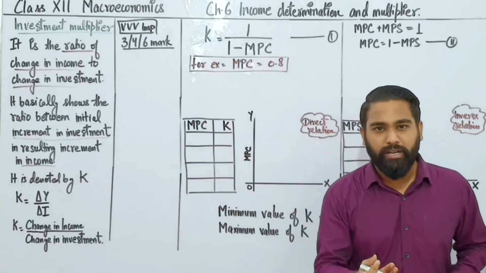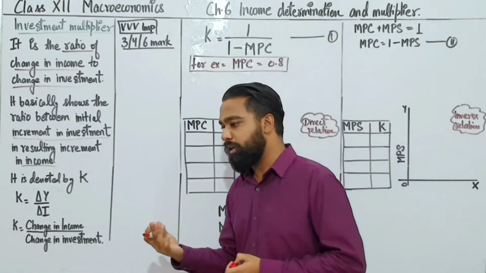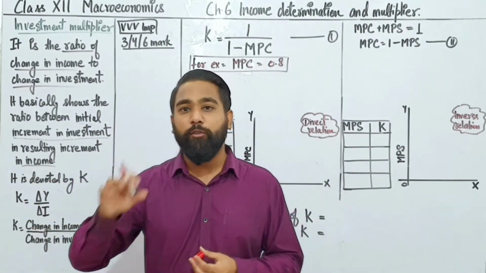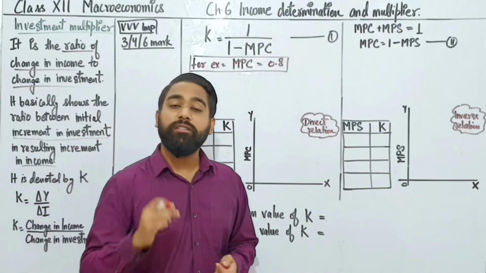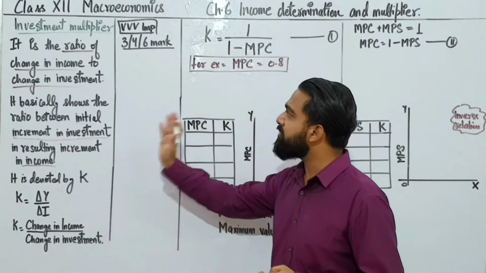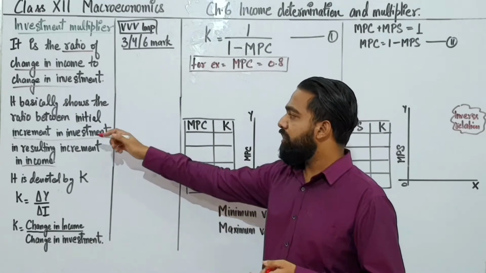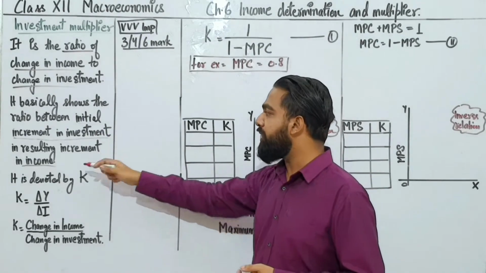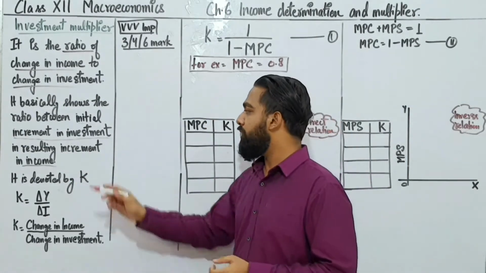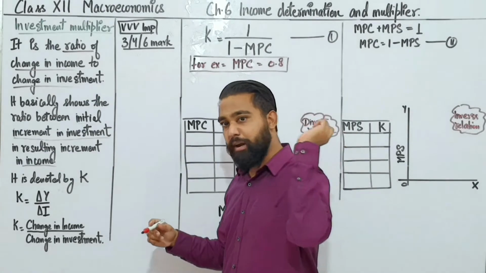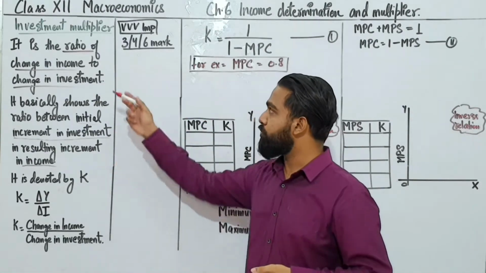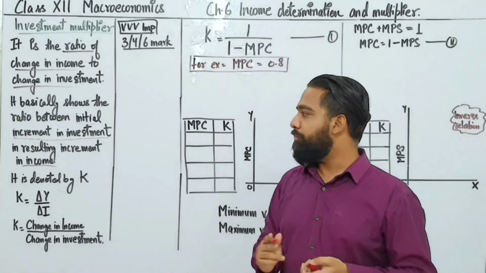Due to that additional investment, there is an increase in income. That ratio is known as investment multiplier.